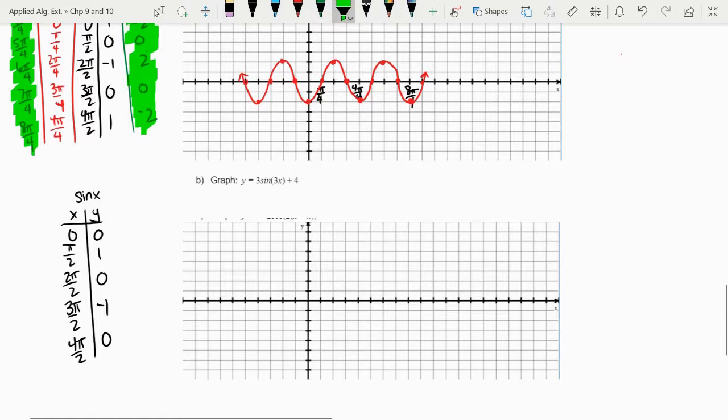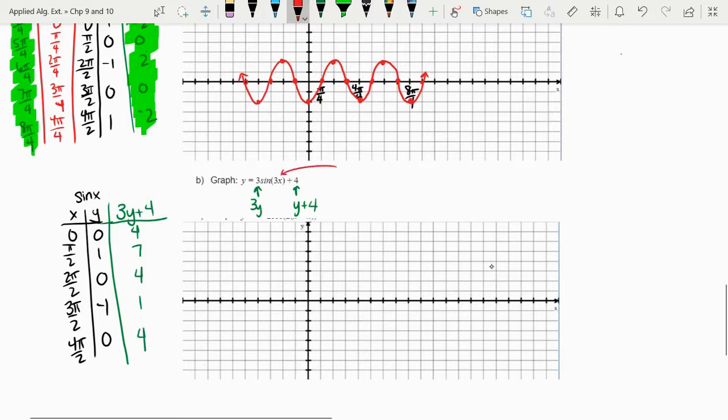All right, so anything outside. So the 3 and the 4 are all y changes. I think these are usually a little bit simpler, so I'm going to do these at the same time. 3y plus 4. And then the x's, we only have one change here.